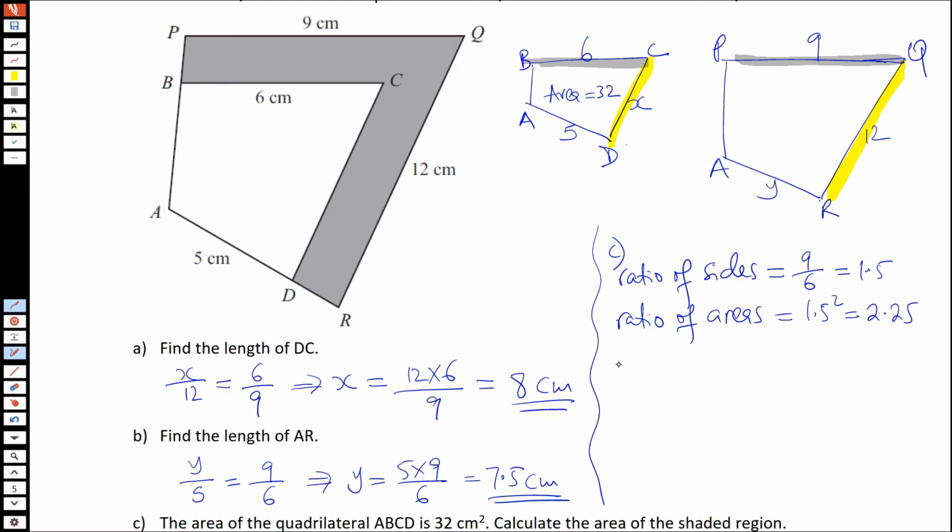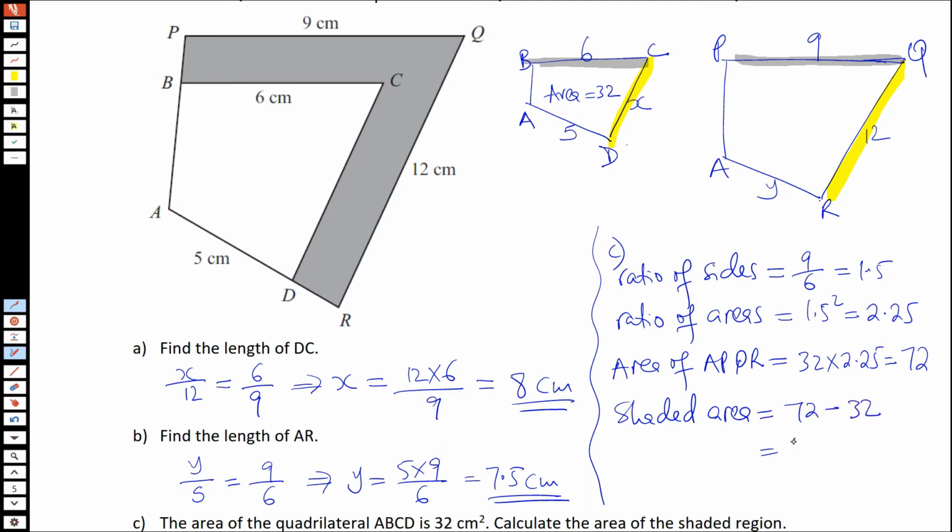So the area of the larger quadrilateral, so area of APQR, this larger one will be 32 multiplied by 2.25, and that will be equal to 72. So from there we can find the shaded area, which will be 72 minus 32, and that will be 40 centimeters squared. That's basically how you work out that question.